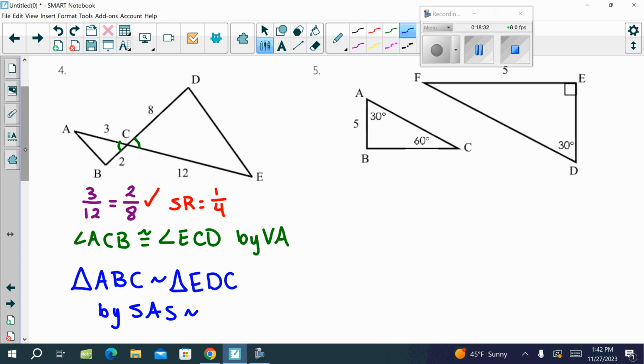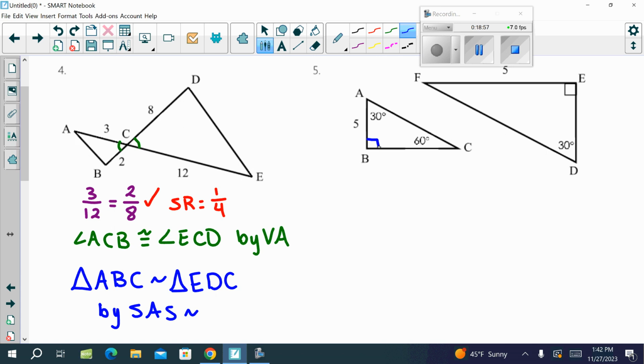Okay. Does the 30 match? Yeah. How am I moving ABC to DEF? Rotating, right? A reflection would be right here. This is going to rotate over. So 30, 60, how much does this one have to be? 90. Why does it have to be 90? Good.